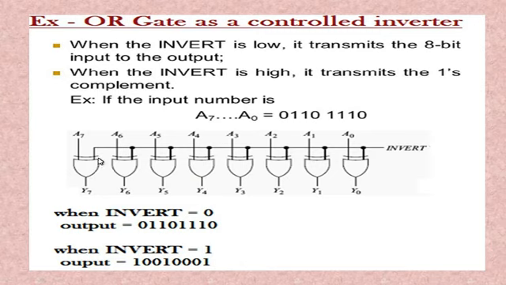Each XOR gate has 2 inputs and one input is commonly connected, and that common connected input is nothing but invert.